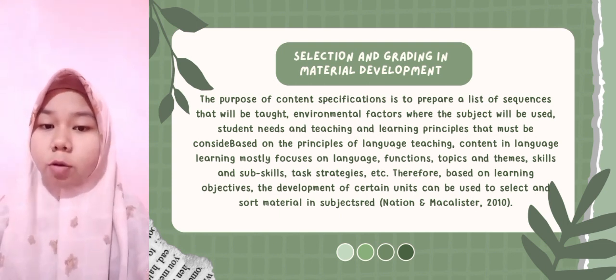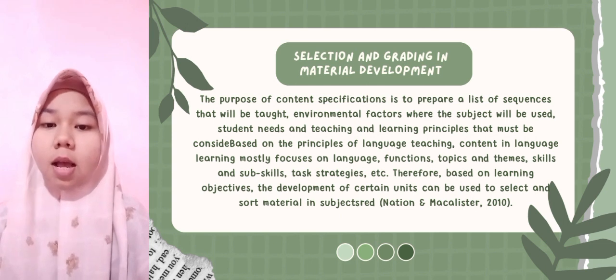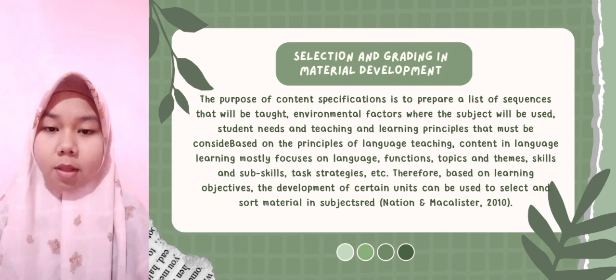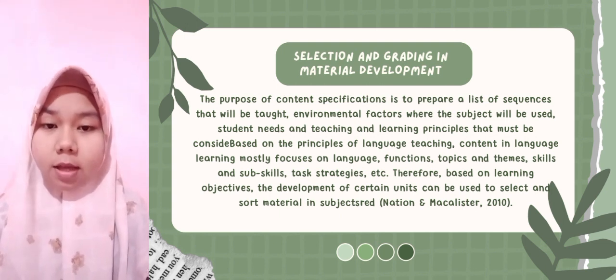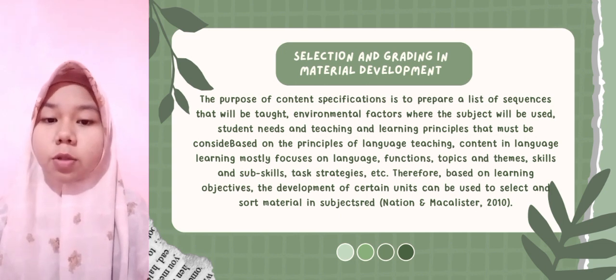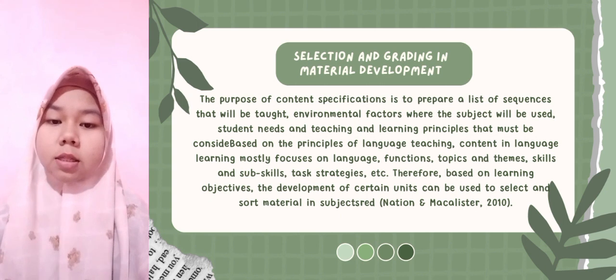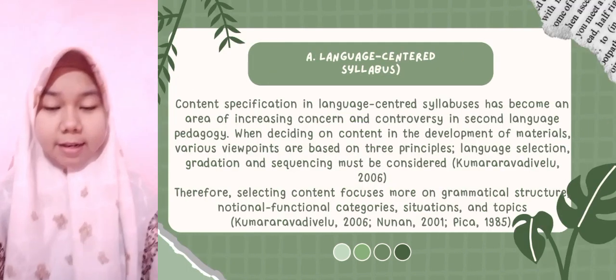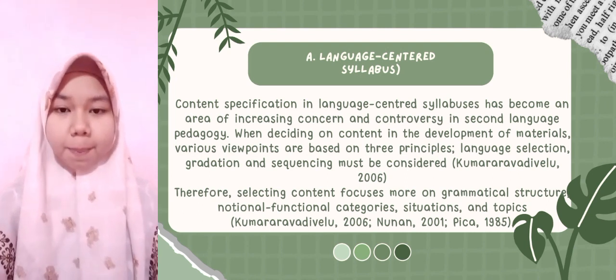Content in language learning mostly focuses on language function, topic and themes, skill and sub-skill, and task strategies. Therefore, based on learning objectives, the development of a certain unit can be used to select and sort material in the subject stream. Okay, the next material, language-centered syllabus.